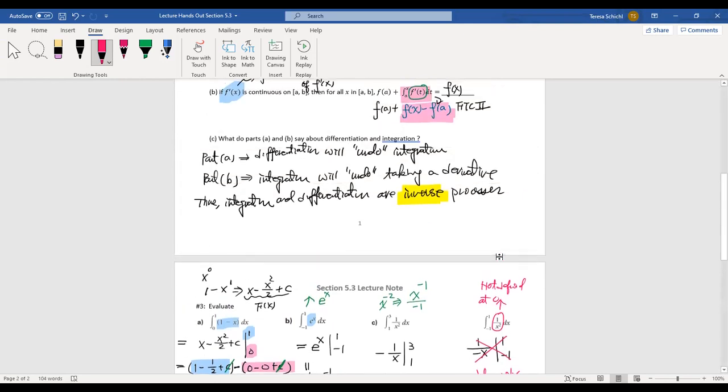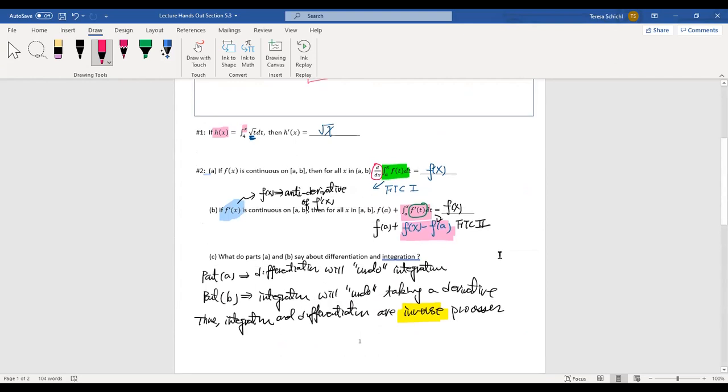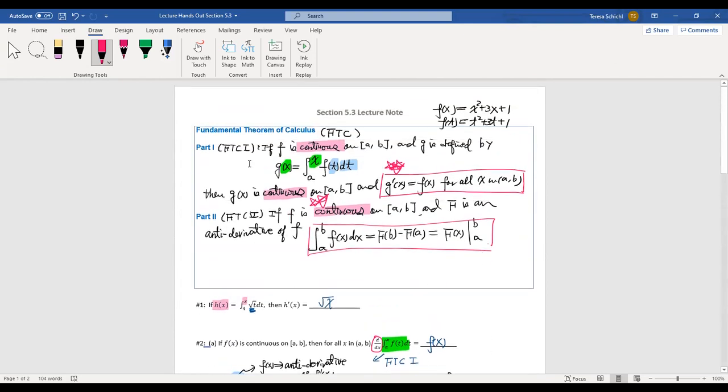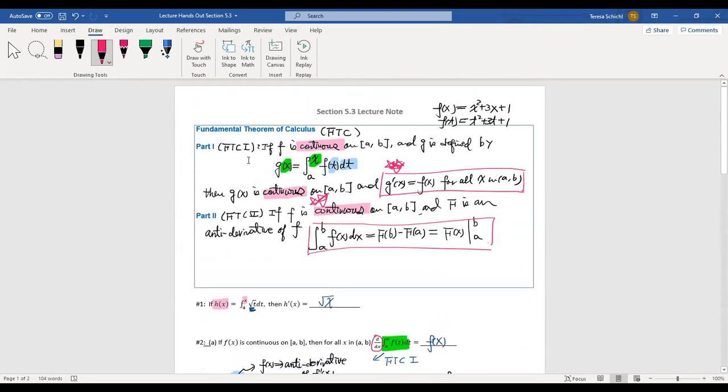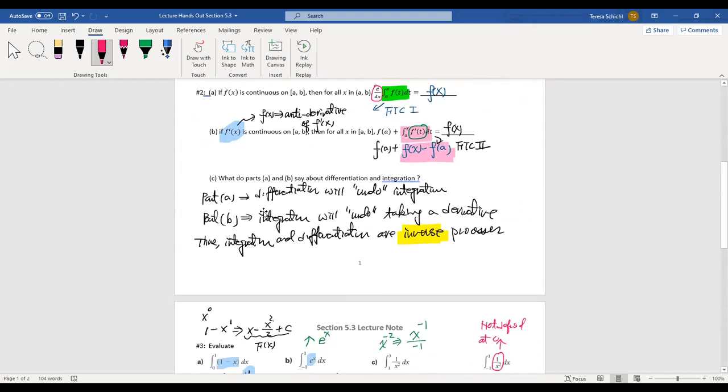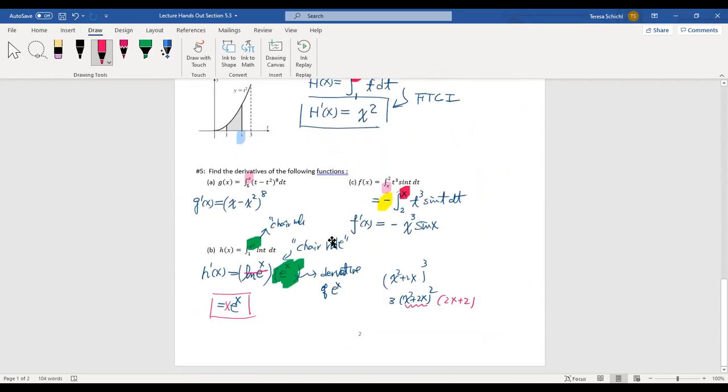Then the second part is the fundamental theorem of calculus part 1. Remember, this is very important and a very good problem. What happens here is that integration and differentiation are really inverse processes. They undo each other.